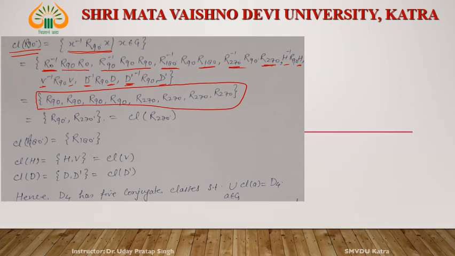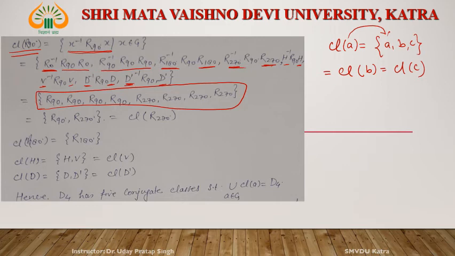Then if the conjugacy class of A contains elements A, B, C, then this is equal to the conjugacy class of B and the conjugacy class of C also.